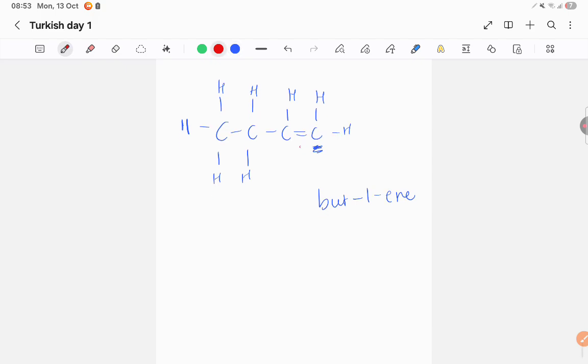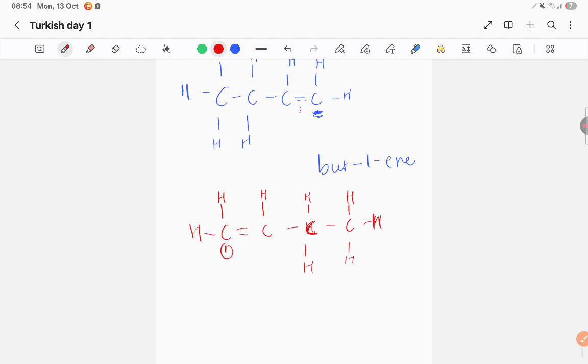And moving this double bond here has not made any isomer, you see? They've not made a different isomer because it's still on carbon number 1. So this is not an isomer.